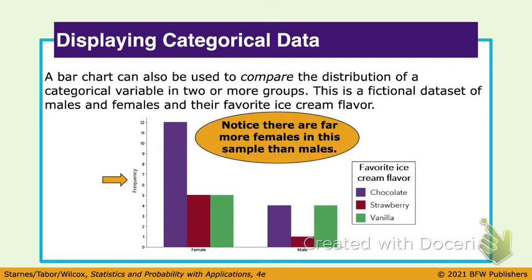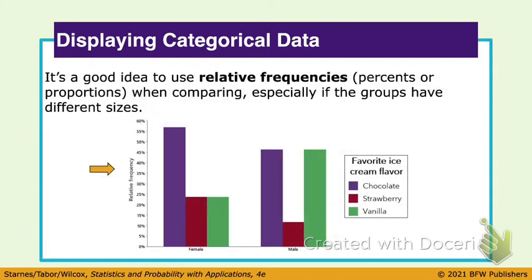If I look at this, I notice that there are far more females than males. But if I change these to percentages, if I use a relative frequency, which is a good idea when I'm trying to compare groups, especially when they have different sizes.